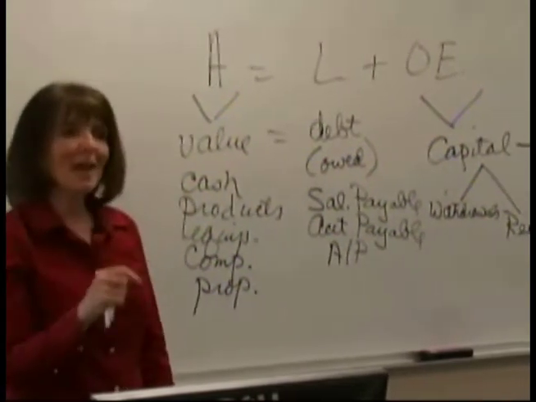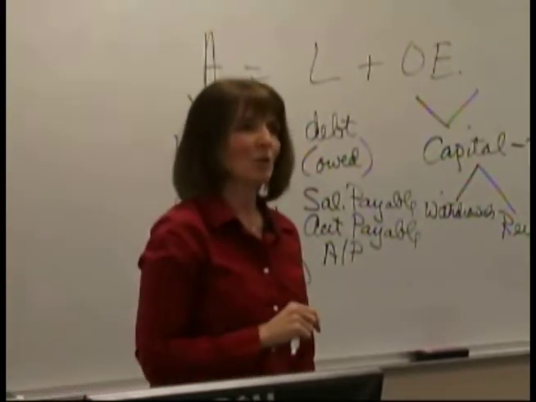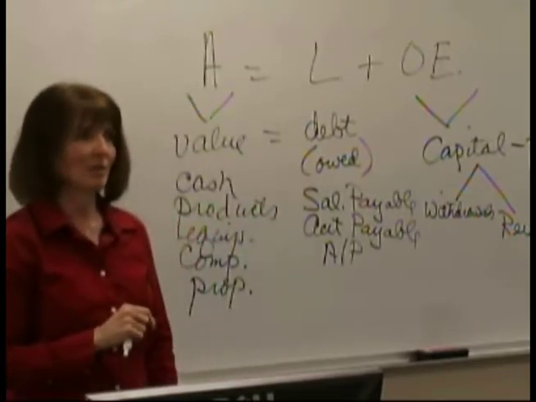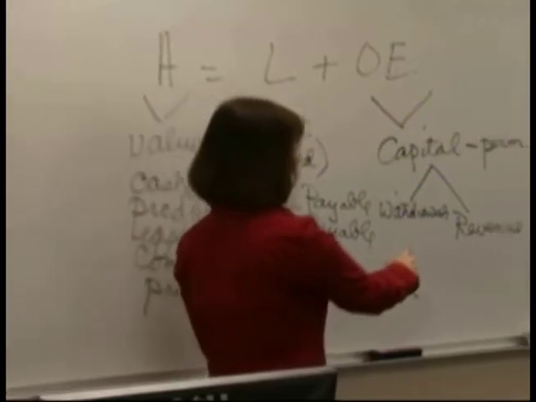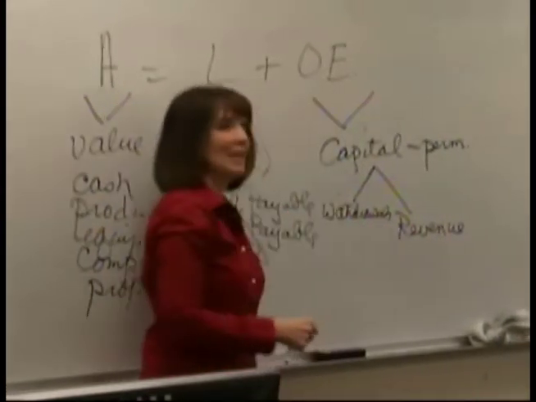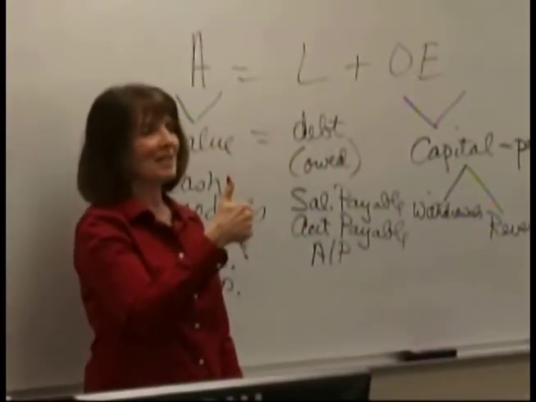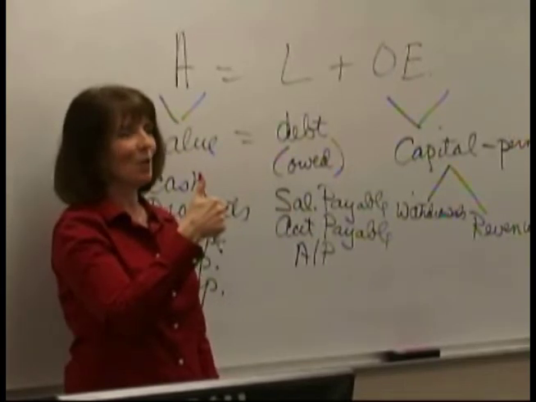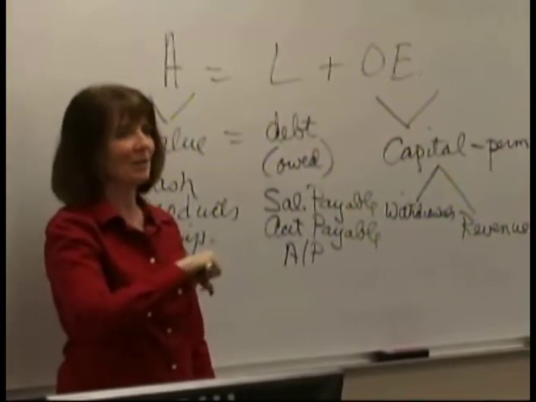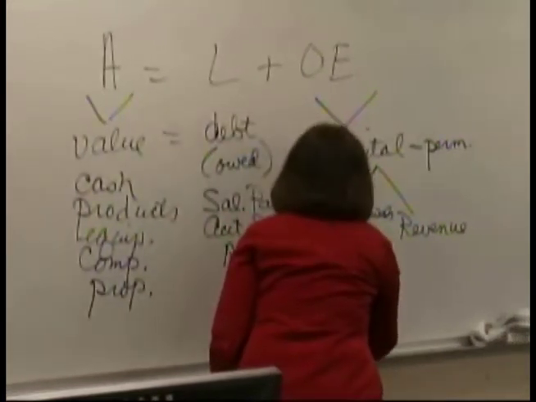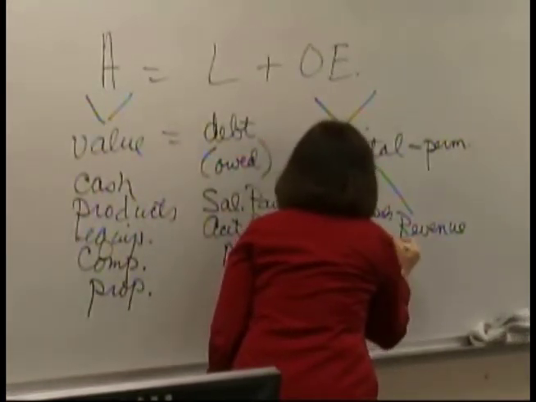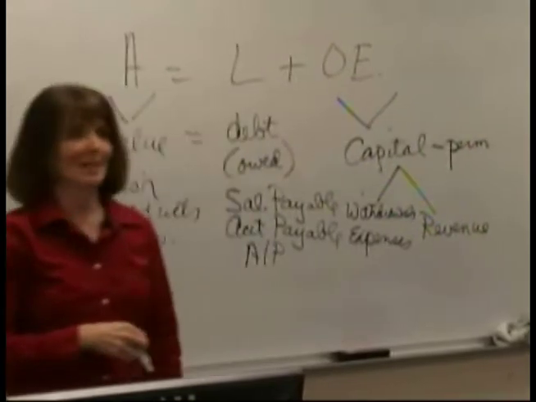What else would make that value or that equity in the business go down? It's associated with this one. If revenue makes capital go up, what would make it go down? Expenses.